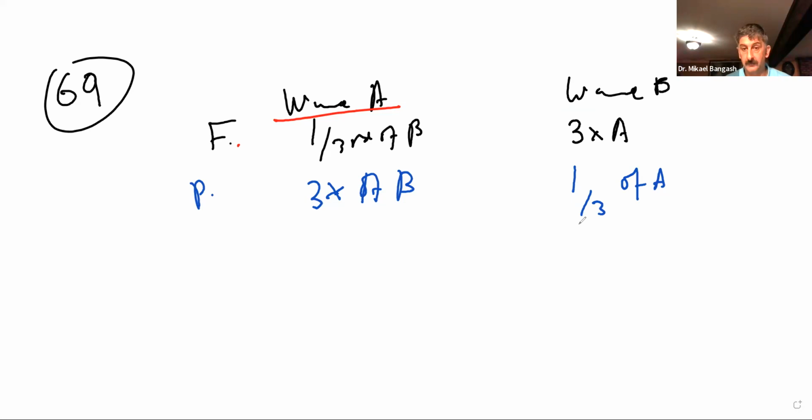What we wrote here was compared to the frequency and period for wave A. These two, when we multiply them, become 1. These two, when we multiply them, are still going to be 1.